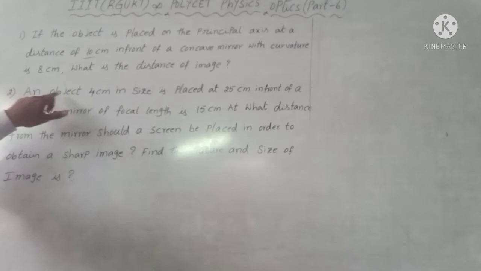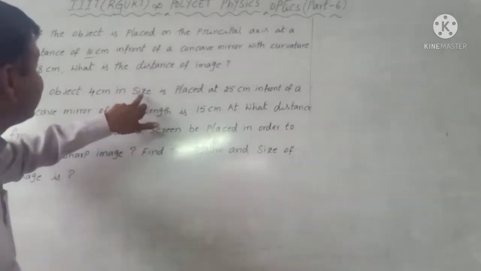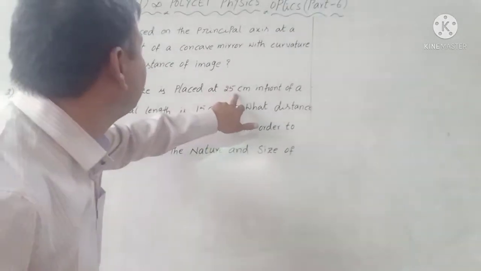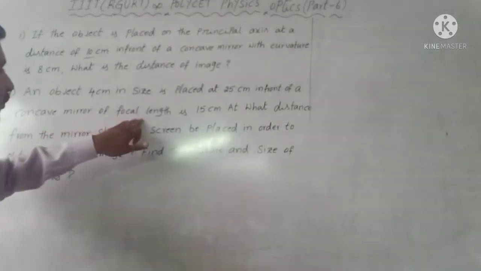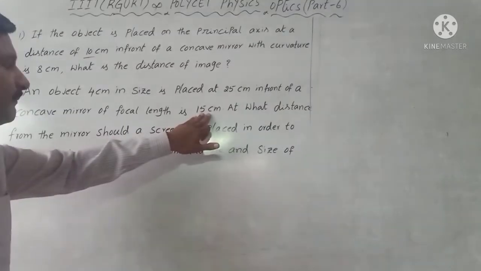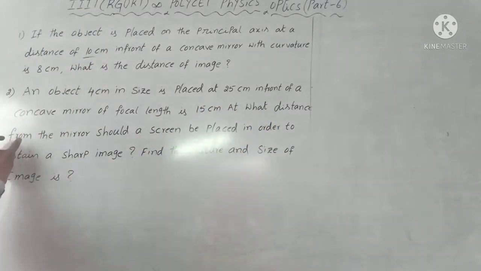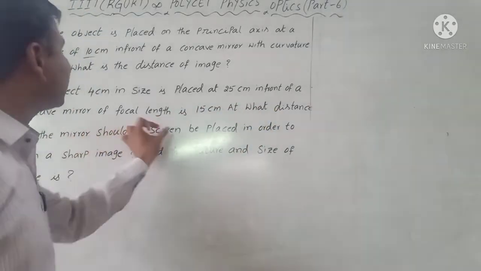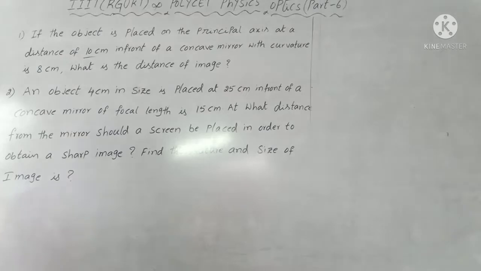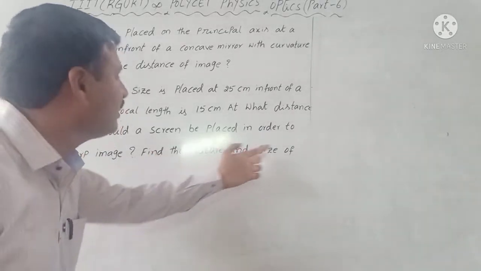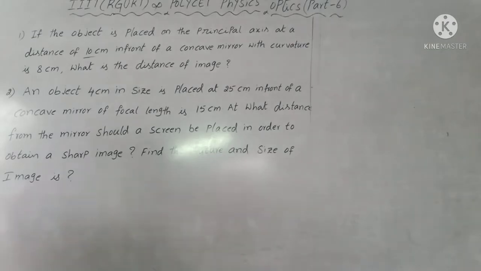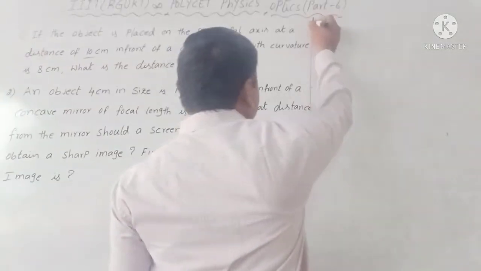An object 4 centimeter in size is placed 25 centimeter in front of a concave mirror. The focal length is 15 centimeter. At what distance from the mirror should a screen be placed in order to obtain a sharp image? Find the nature and size of the image.